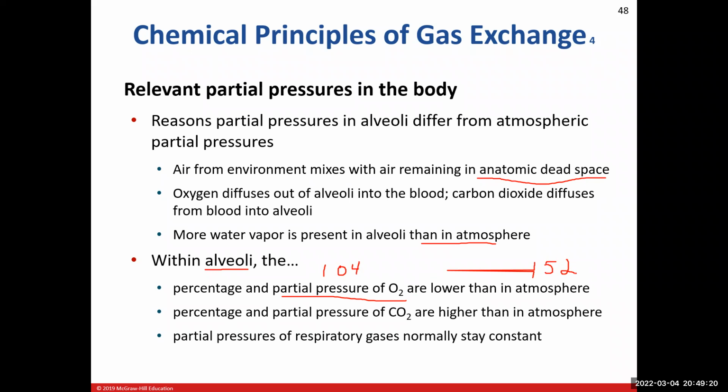So oxygen wants to move into the lungs because there's less partial pressure there. Now, if we flip that for carbon dioxide, it's different. Carbon dioxide partial pressure is going to be greater in the lungs than it will be in the atmosphere. So because of that, carbon dioxide will want to move down its partial pressure gradient and get out into the atmosphere.